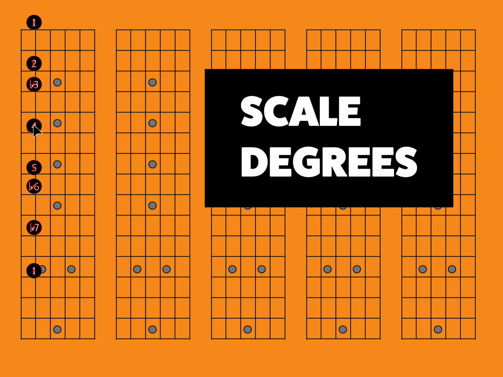And so now we have 1, 2, flatted 3, 4, 5, flatted 6, flatted 7, and 1. So if we have any scale or any chord or any single interval, everything can be defined through scale degrees and then grouped for all 12 tones that exist for that. So it's a great way to catalog what something sounds like.